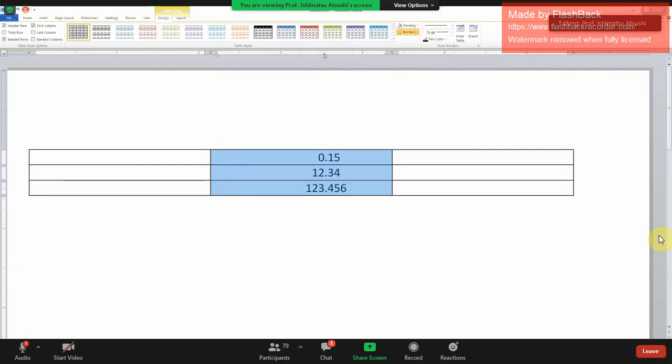Then this is a way. Okay, now the numbers are centered on the decimal point. I'm very glad that I still remember this. Okay, this is a way.